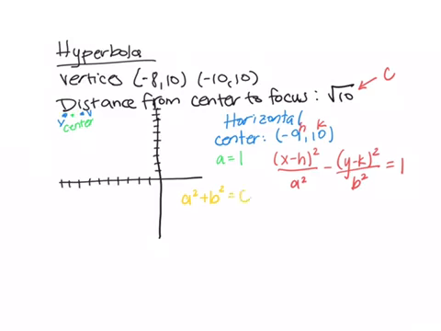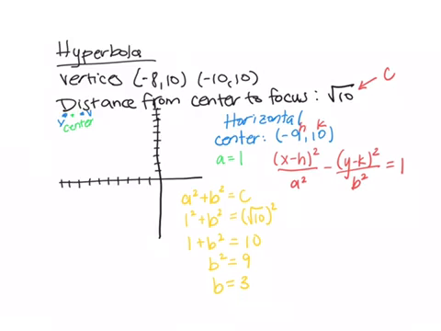In this case, a is 1. So 1 squared plus b squared equals the square root of 10 squared. So we have this, which tells us that b squared equals 9, meaning that b is 3.